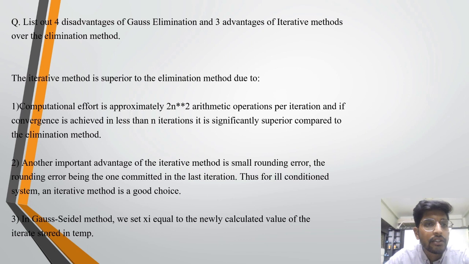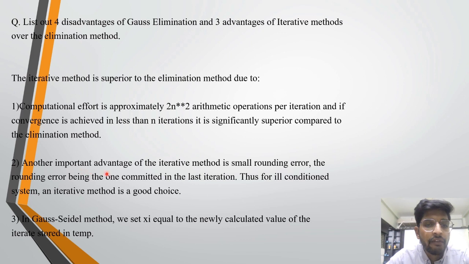The next question is: list out 4 disadvantages of Gauss elimination and 3 advantages of the iterative method over the elimination method. The iterative method is superior to the elimination method because the computational effort is approximately 2n squared arithmetic operations per iteration, and if convergence is achieved in less than n iterations, it is significantly superior compared to the elimination method.